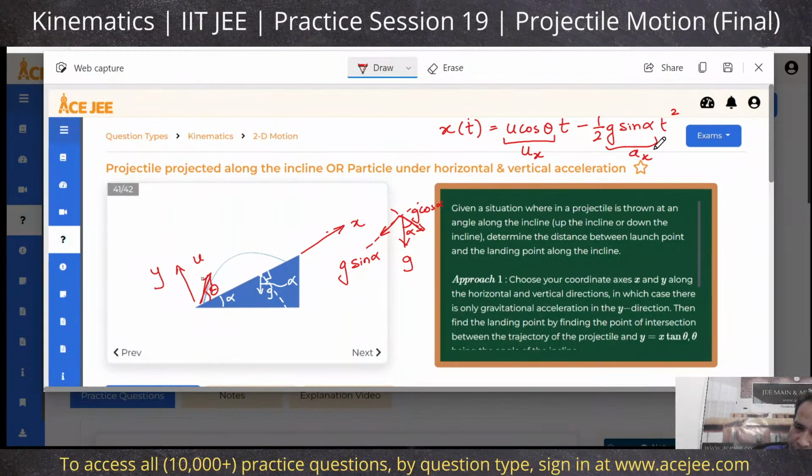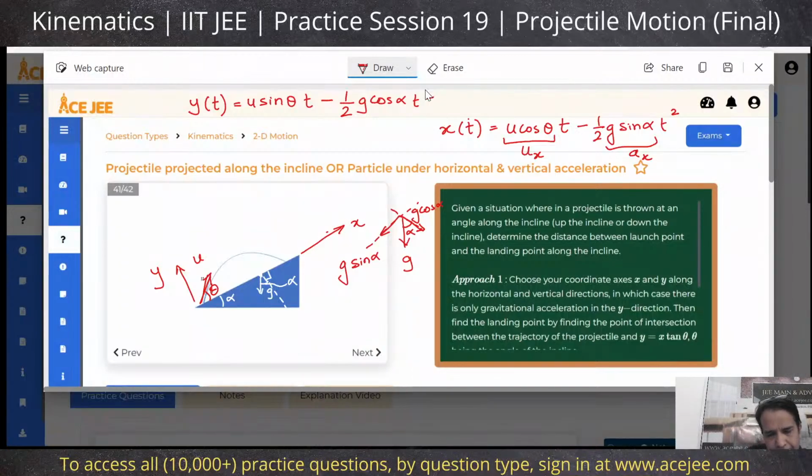Similarly, for y, I can write y(t) is equal to u sin theta t minus half g cos alpha t squared.